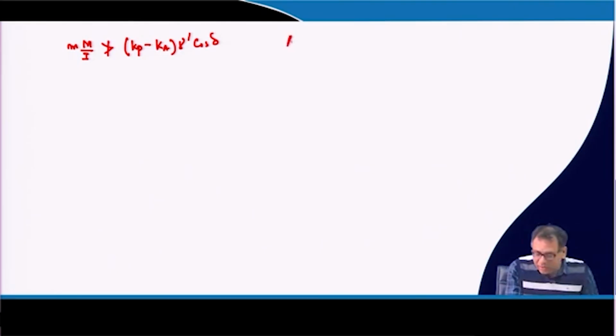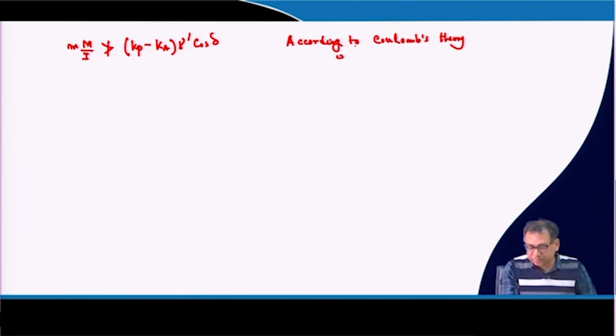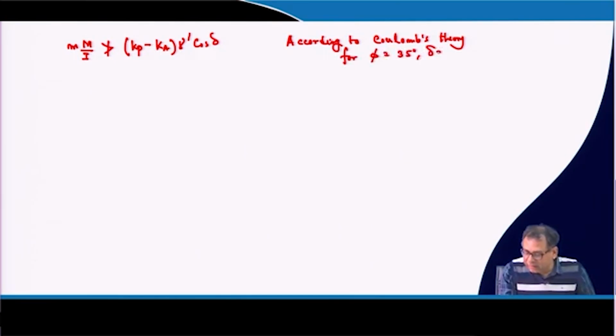Now, according to Coulomb's theory, for phi equal to 35 degree, delta equal to 22 degree, Ka is equal to 0.245.